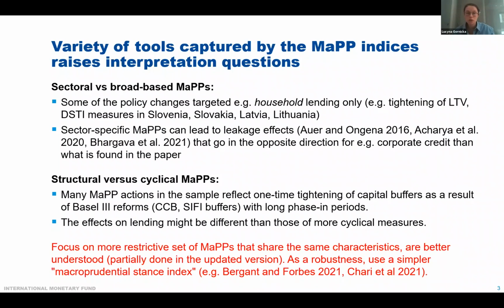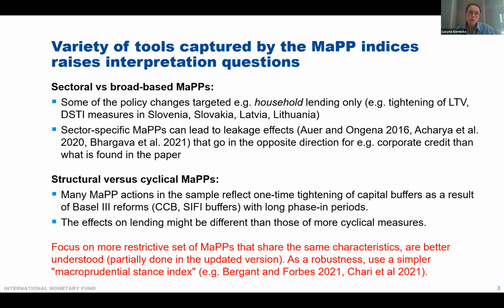Sectoral tools target borrowers only in one sector, for example households borrowing, through changes in borrower-based limits, such as loan-to-value ratio or DSTI limits. On the contrary, broad-based tools in general should not discriminate between types of borrowers. An example could be the countercyclical capital buffer.